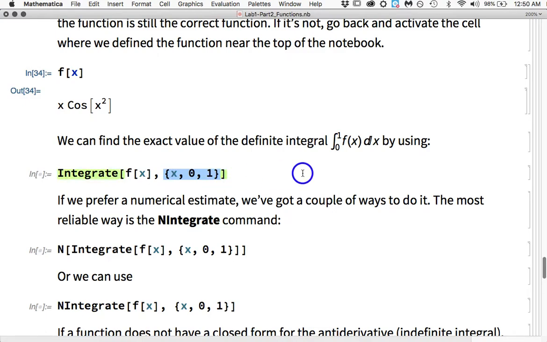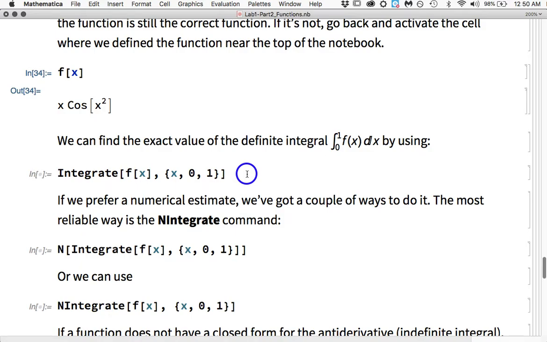Instead of just being a single x, we now have a curly bracket, x, comma, 0, comma, 1, followed by a closing curly bracket. The way to read this input cell is that we want to integrate f of x with respect to x between 0 and 1. In other words, the lower endpoint is the first number and the upper endpoint is the second number.